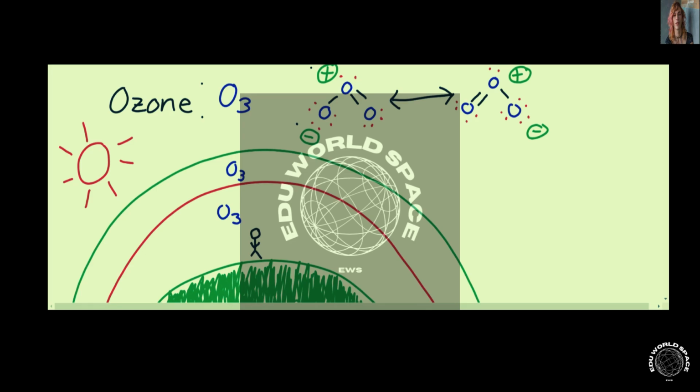Okay. In the upper atmosphere, where we can't necessarily breathe it, it is actually rather protective. So I have our little sun here, and if we have a light ray hit O3, what we are going to get is O3 is going to absorb that energy just to make O2 and oxygen.